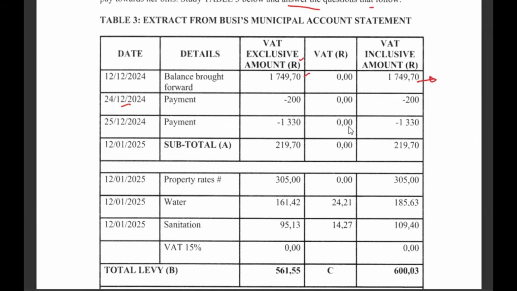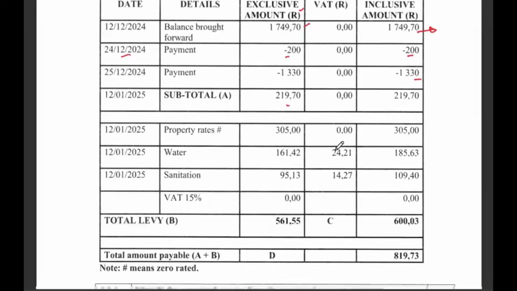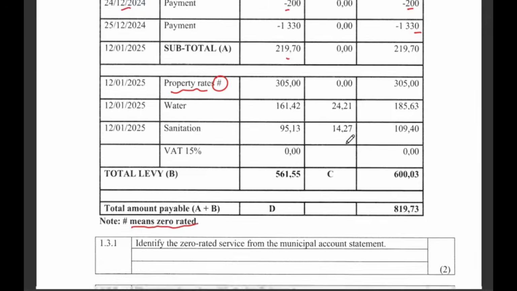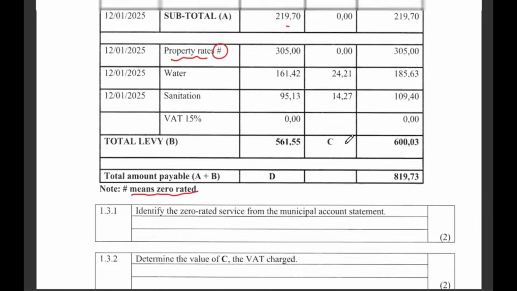Then on the 24th, she made a payment of just 2 rands. Then there was another payment of 1330. And then the subtotal is all of this. So we can see we have property rates, whereby they're telling us that the property rates have the hashtag, which means there is no VAT on those numbers. And so on and so forth.